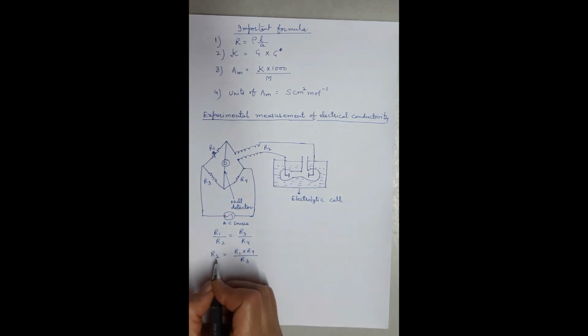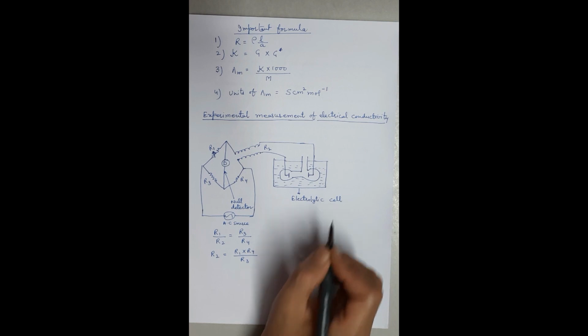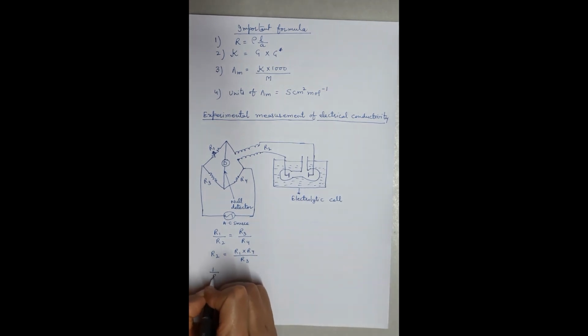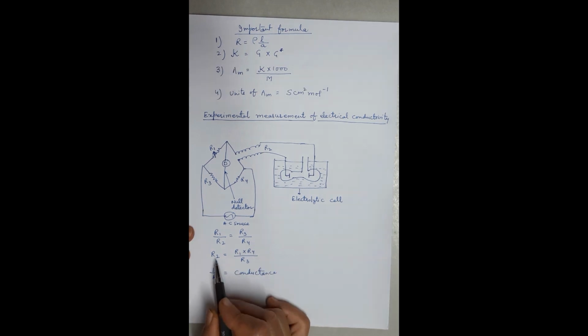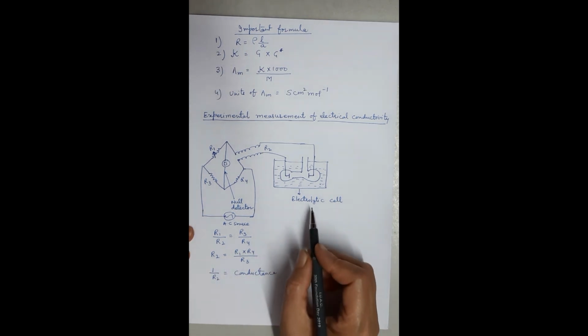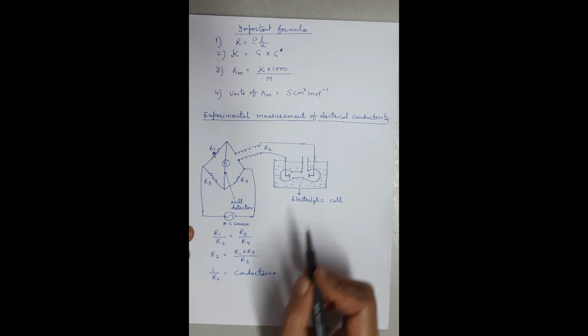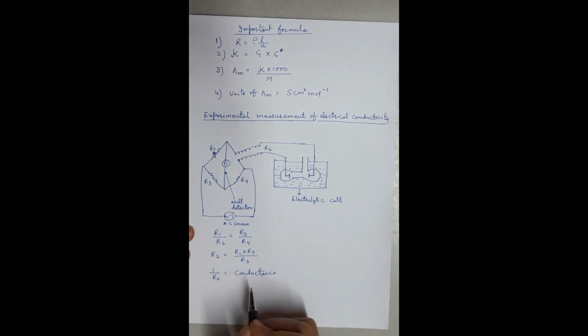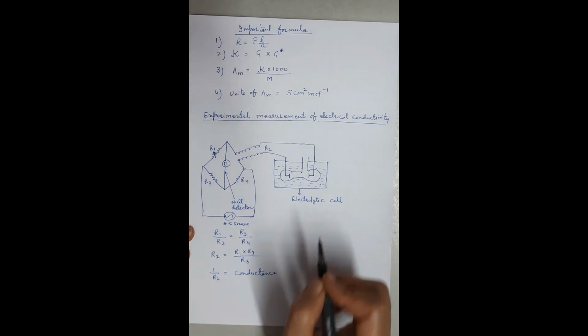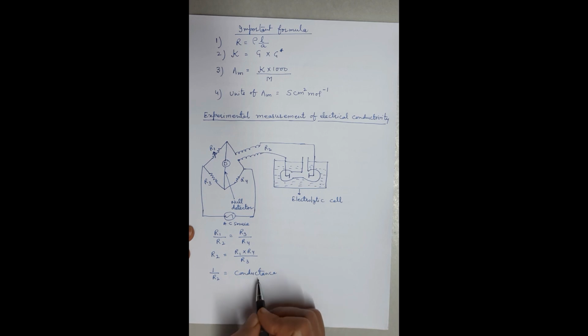So once we get the resistance of this electrolytic cell, inverse of resistance will give you the conductance. Beta, now you know the resistance of this electrolytic cell. Inverse of this resistance is called as conductance. And if you know the cell constant of this cell, then cell constant into conductance will give you the conductivity.